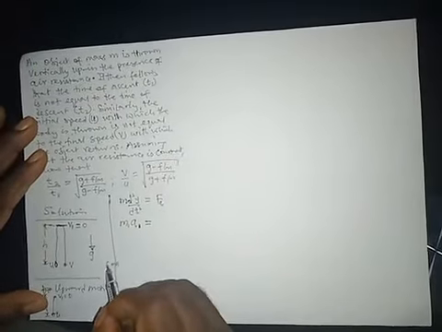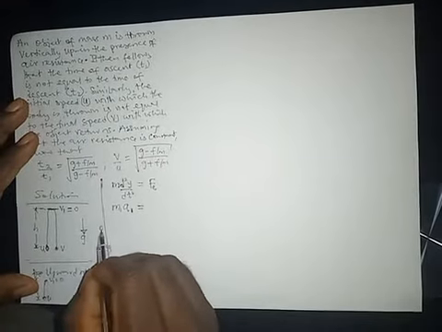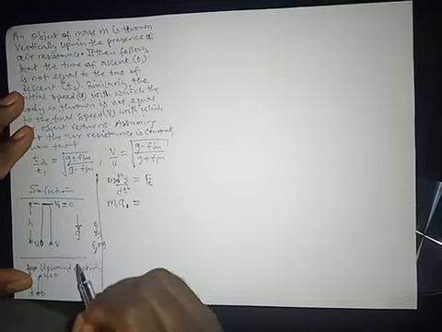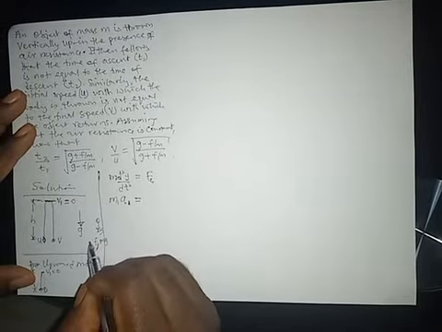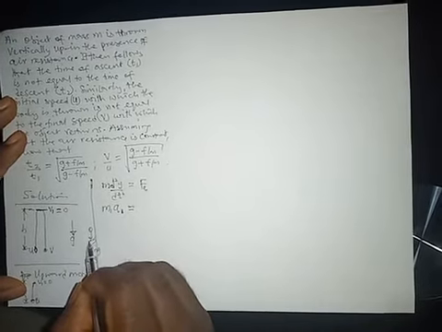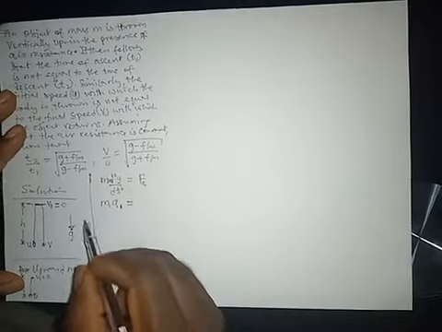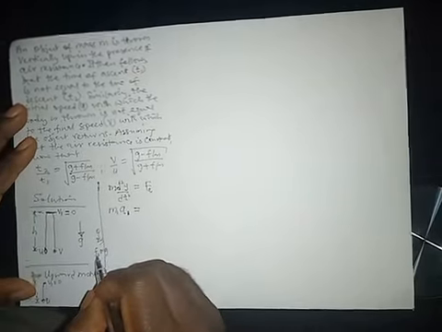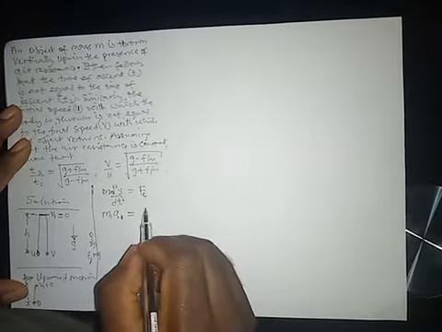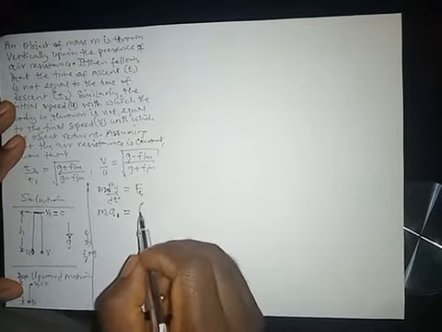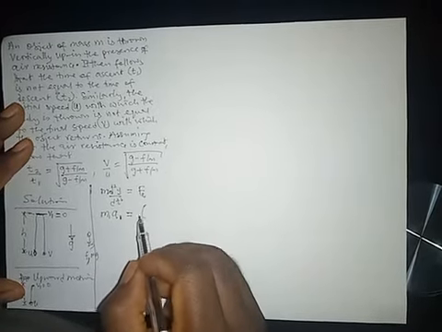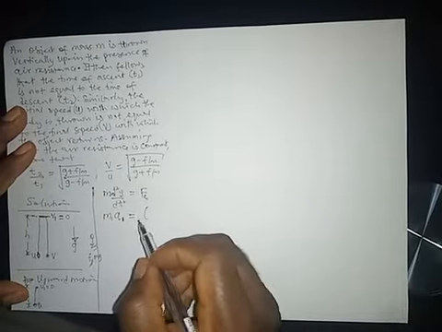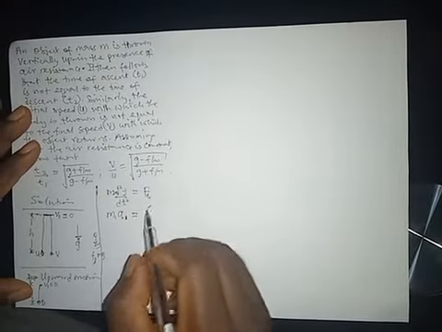The weight of the object is usually acting vertically downward, and the air resistance while the object is going up is also acting vertically downward. So two forces are acting on it, but in the opposite direction of the motion.